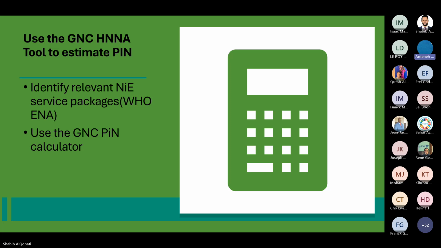And Shabib will take us to the tool and demonstrate how we can use it for estimating the PIN, even estimating the supply need, and to some extent also how we can make an estimate of the cost of those services. So I will hand it over to Shabib to take us through the GNC tool.